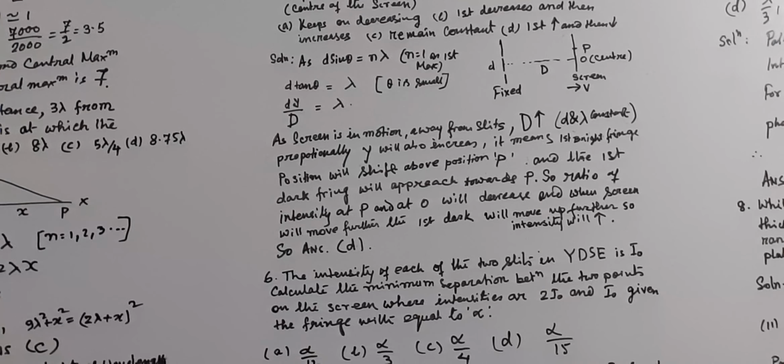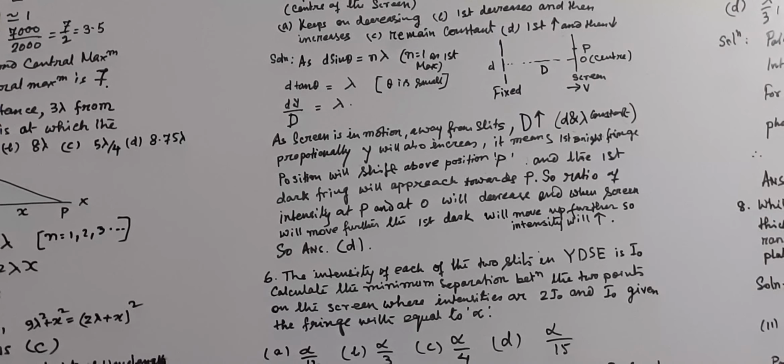Then proportionally y will also increase. It means the first bright fringe position will shift above position P, and in between the first bright and central max a dark fringe will be there, and that dark fringe will approach towards P.